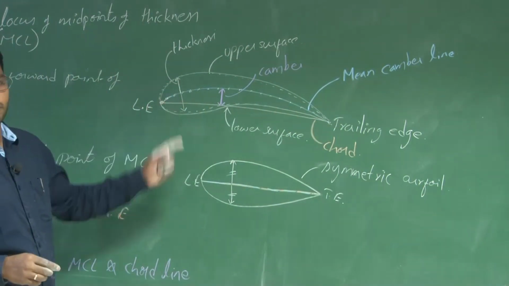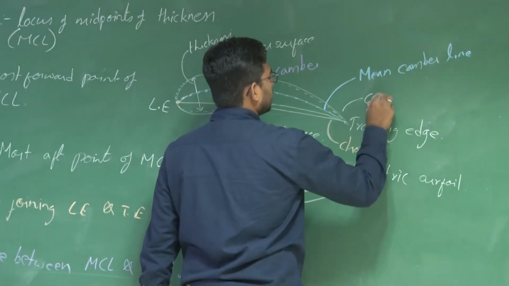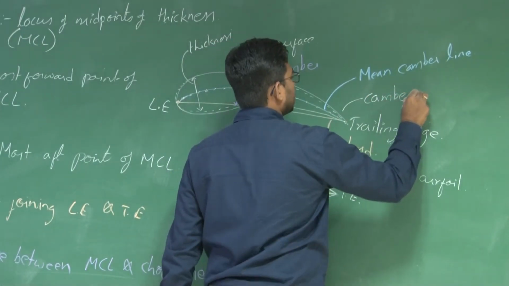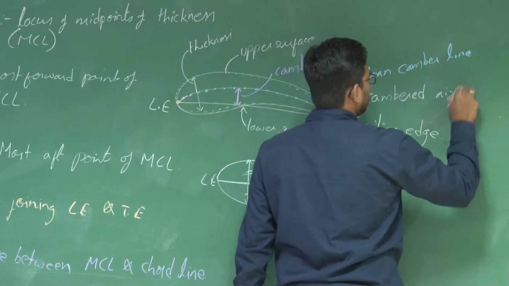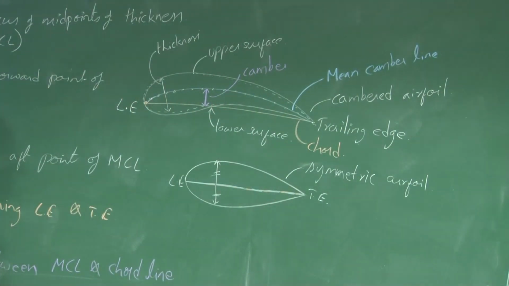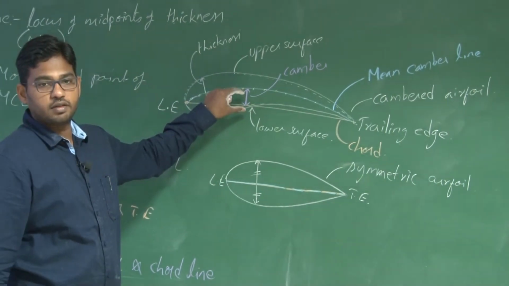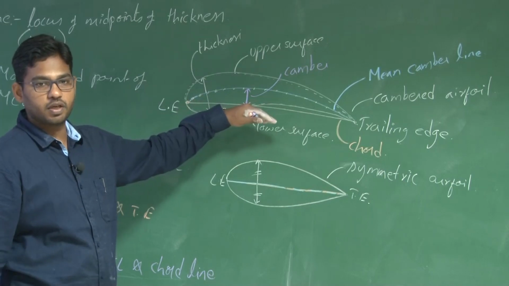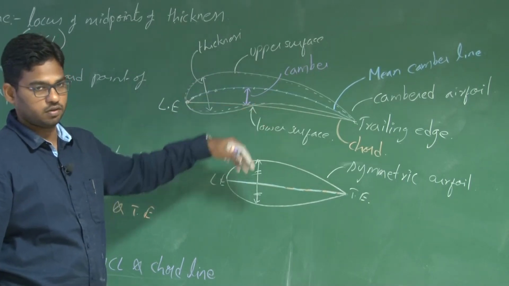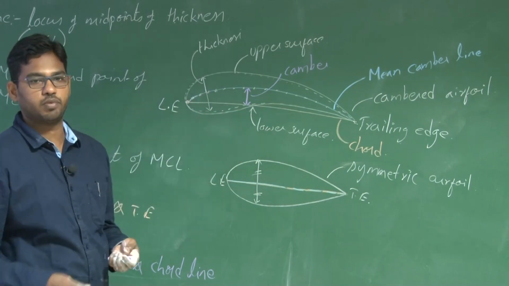So this aerofoil is known as a cambered aerofoil because it has a camber, right? If this camber is above the chord line, then it is known as a positively cambered aerofoil, right? If this camber is below the chord line, then it is known as a negatively cambered aerofoil.